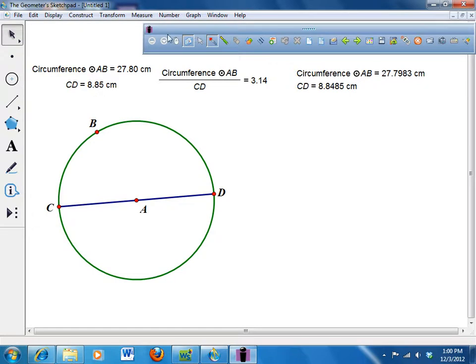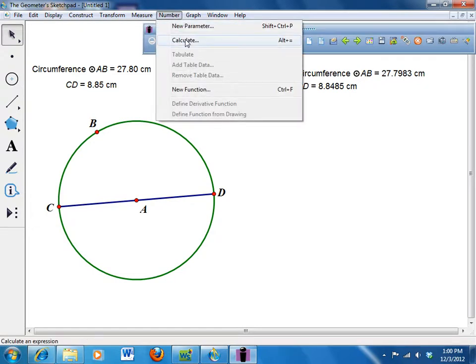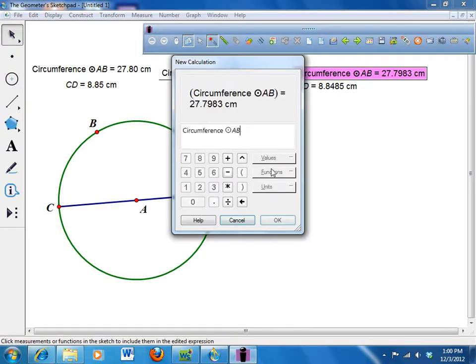And then if I go number, calculate, this divided by this, and OK.